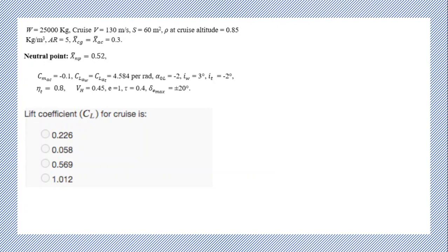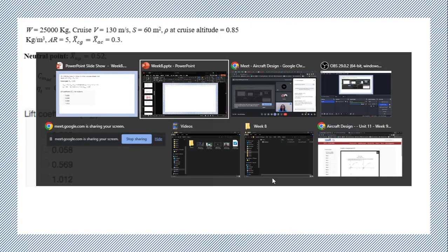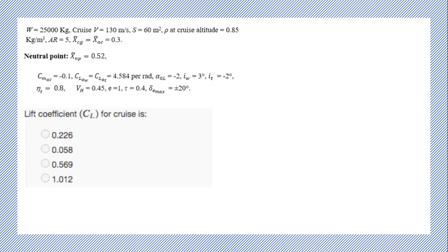The lift coefficient for cruise is CL cruise. How do you find this? Just look at the data that is given to you.